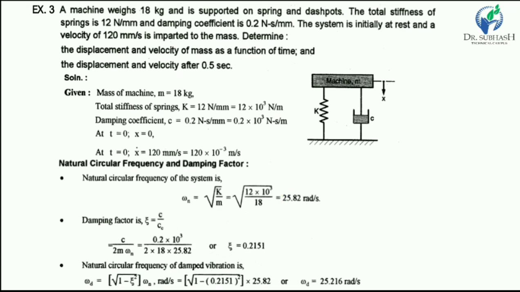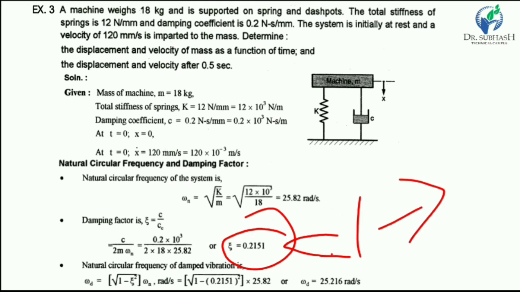Finally we get the value of zeta as 0.2. Zeta's value is less than 1, so the vibration is under damped vibration for this example case.